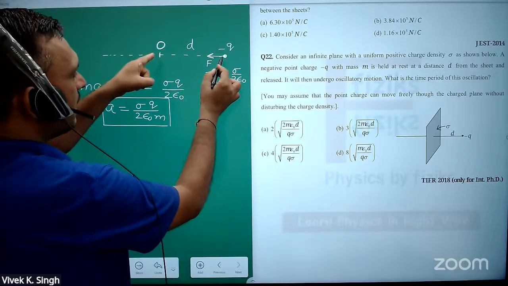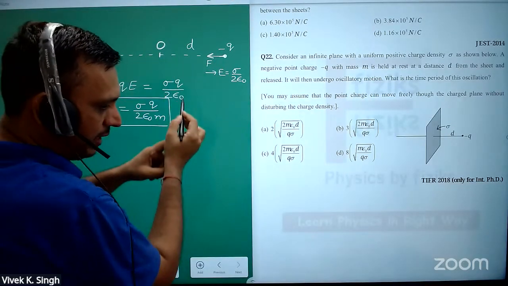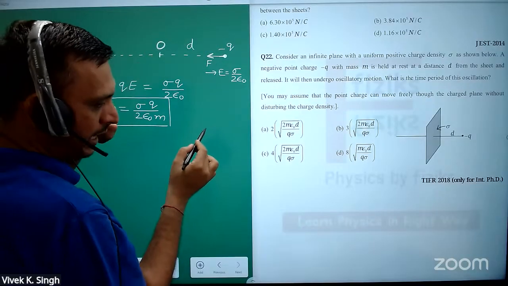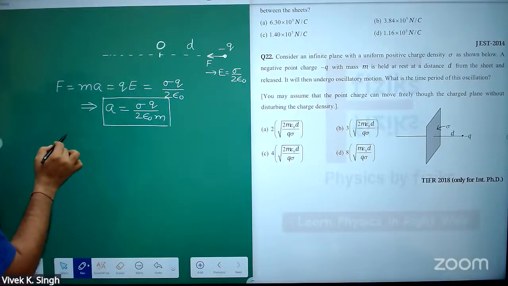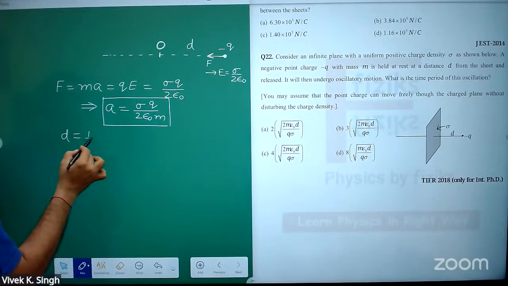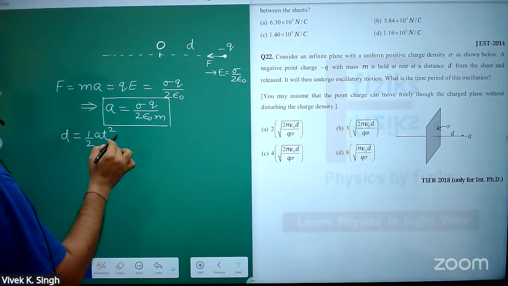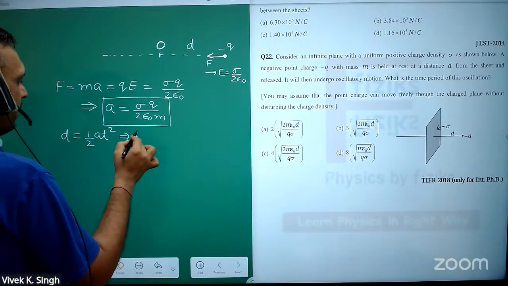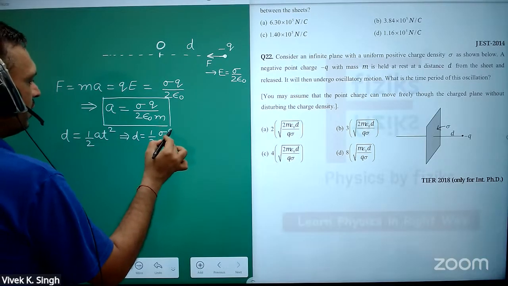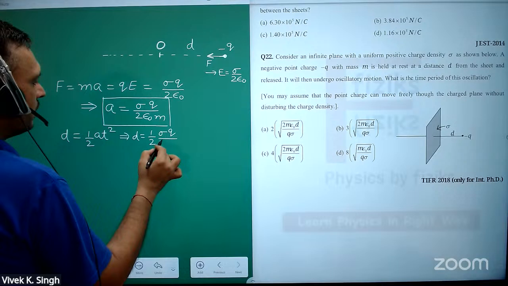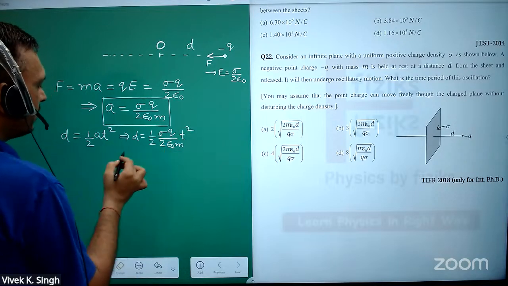Now, it has to cover a distance d with acceleration a, and it is released at this point, so initial speed is 0. So the distance d covered is given by half a t square. So d is equal to half, sigma q by 2 epsilon naught m, into t square.